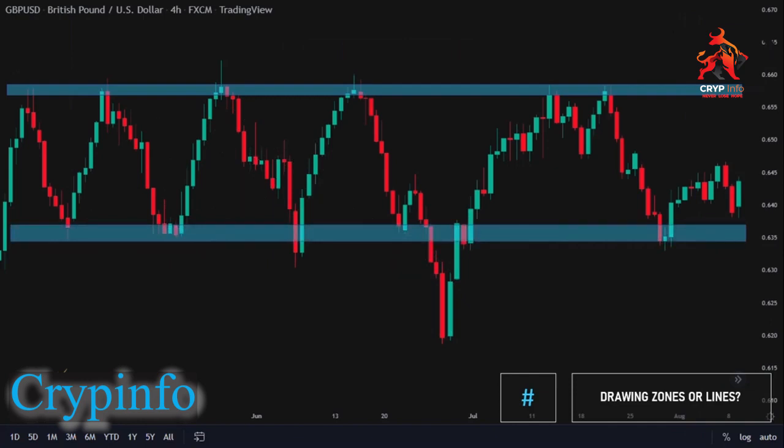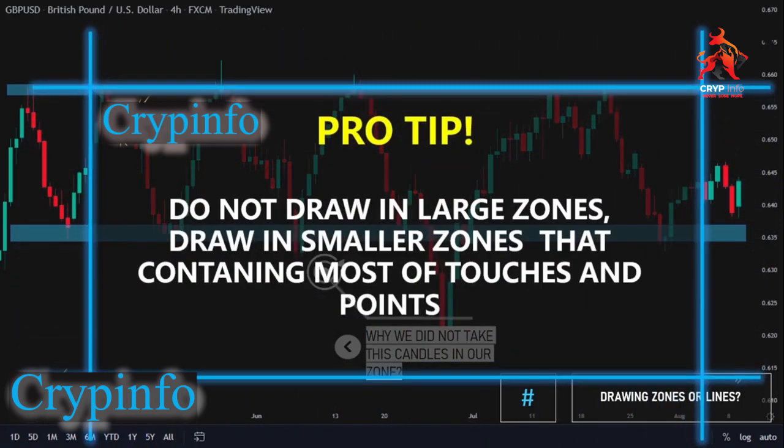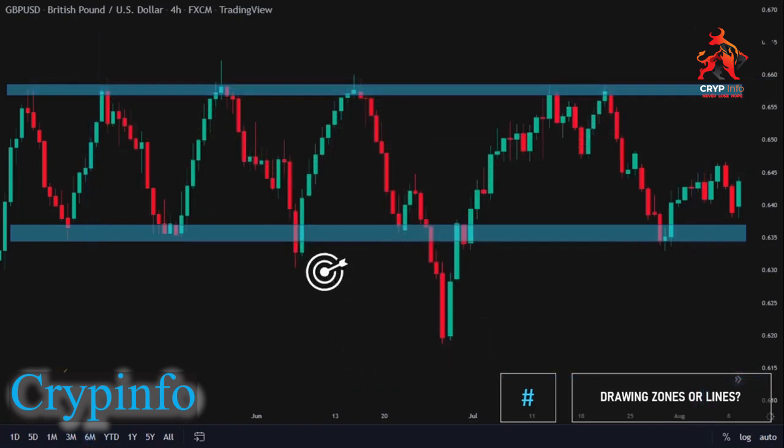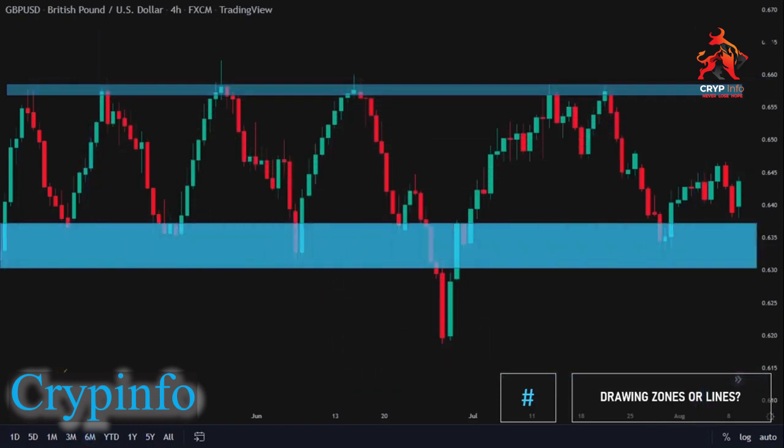And you are probably wondering why we did not take these candles into our zone. So here is a pro tip: do not draw in a large zone that can get you confused. Draw in smaller zones that contain most of the touches and points. Because let's say you would have drawn this massive zone here to cover this low here. 1, it looks terrible. 2, with such a wide area, you'll end up confused.